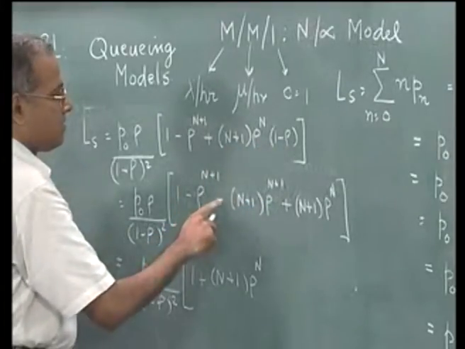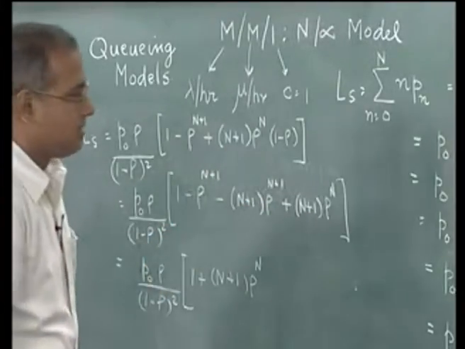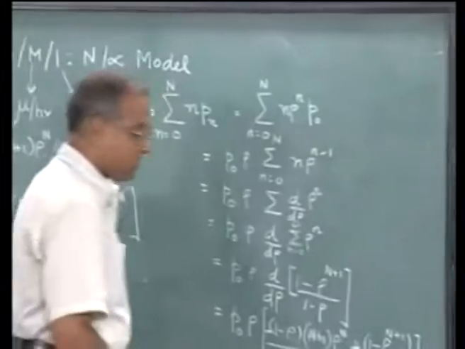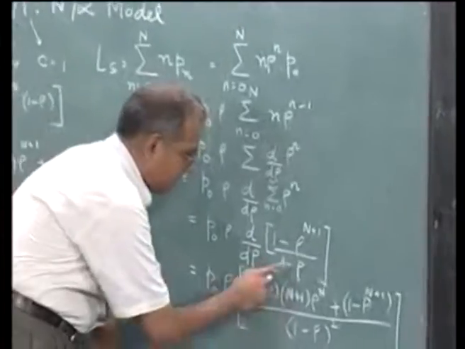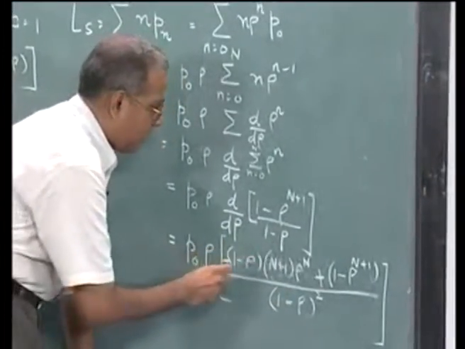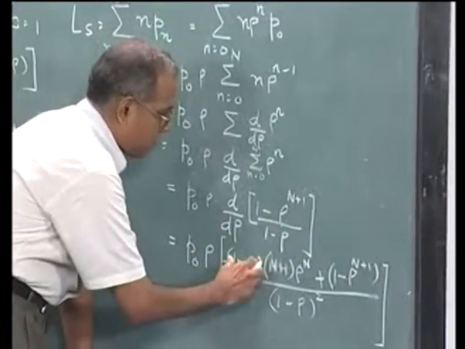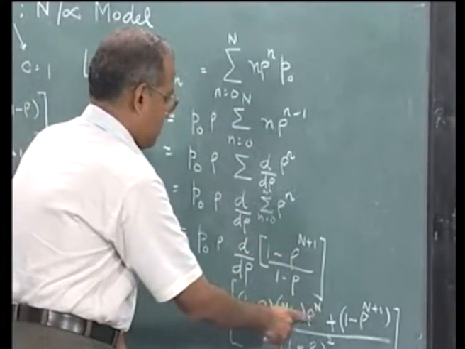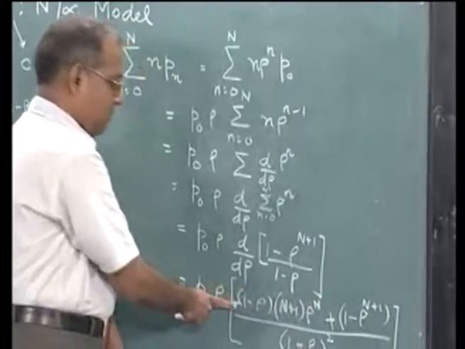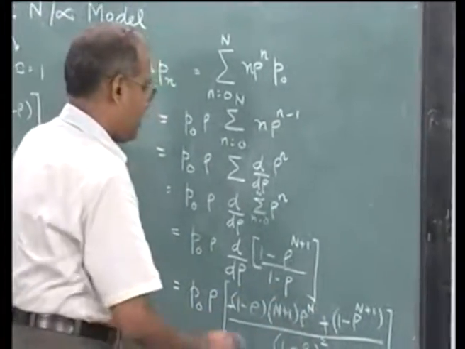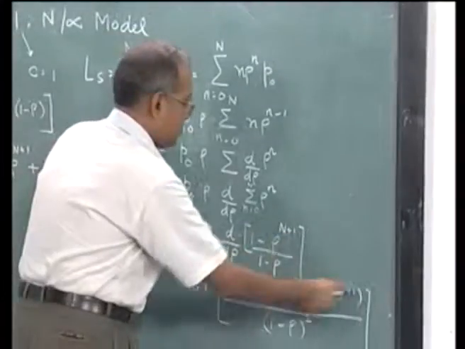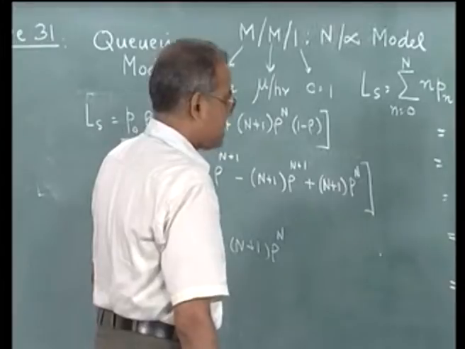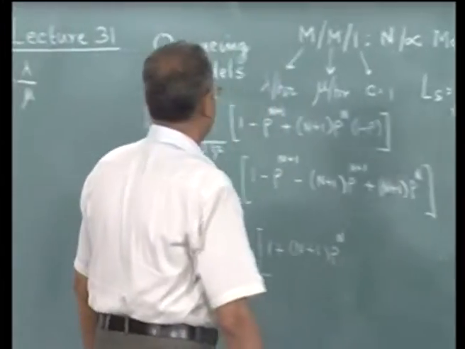The minus of n plus 1 rho to the power. So, when I differentiate I get v square, v du, 1 minus rho into n plus 1 rho to the power n with a minus sign plus u dv, 1 minus rho to the power n plus 1 into minus 1. So, I get plus 1 minus rho to the power n plus 1.